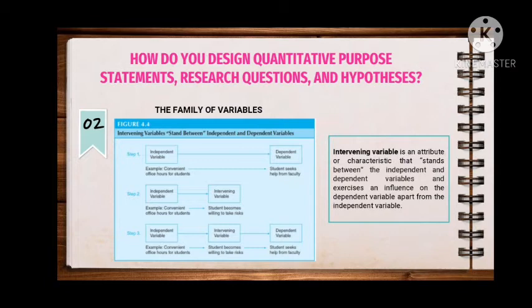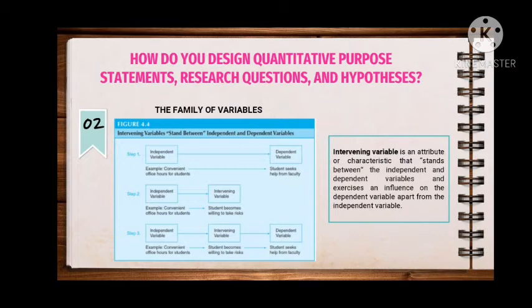After the intervening variable, we get step 3. Here we get the complete variables: the independent variable is convenient office hours for students, the intervening variable is the student becomes willing to take risk, and the dependent variable is the student seeks help from faculty.